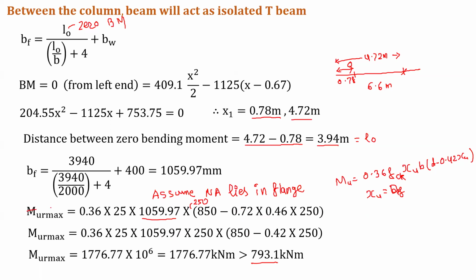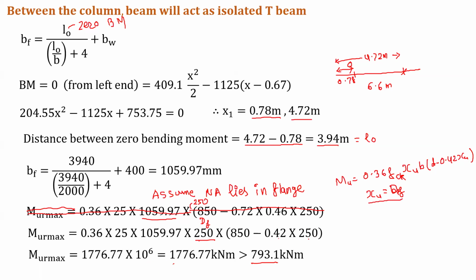So we will consider bottom one directly. So we have 0.36 fck into BF into Df, this is depth of slab, depth of flange, into 850 minus 0.42 into Df, because we have considered Xu equal to Df.